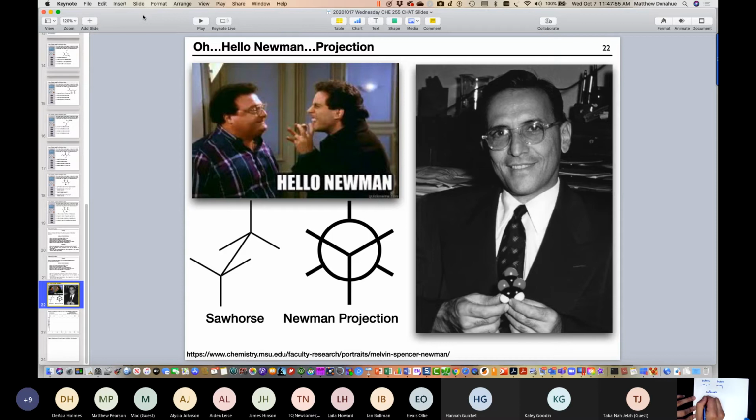So what does that mean? This means conformational isomers. And really, this has to deal with rotation, specifically rotation about sigma bonds.